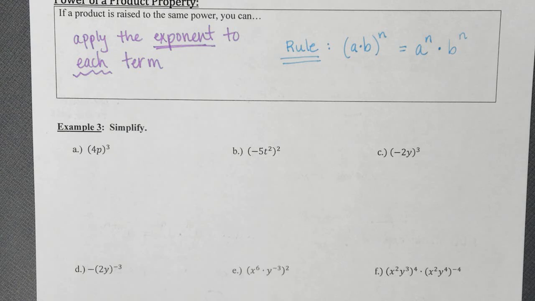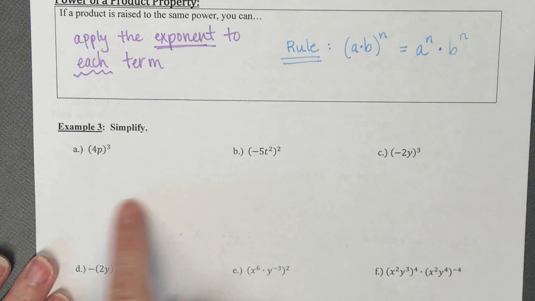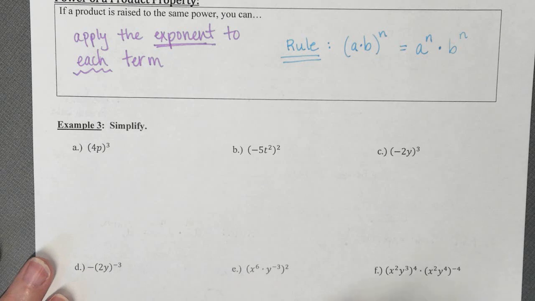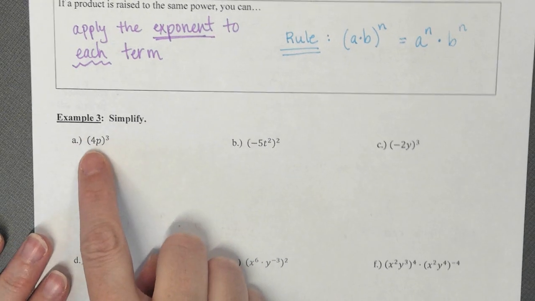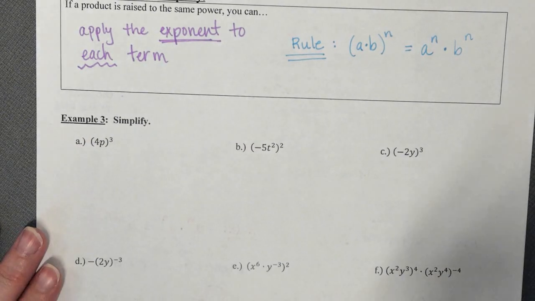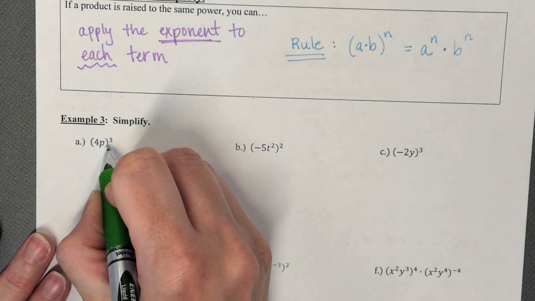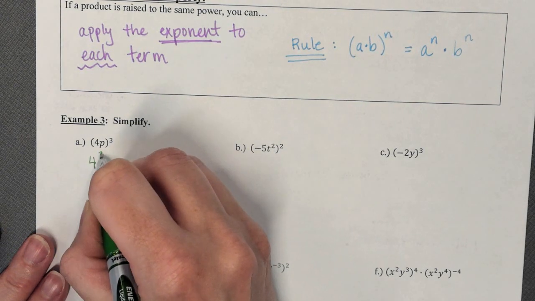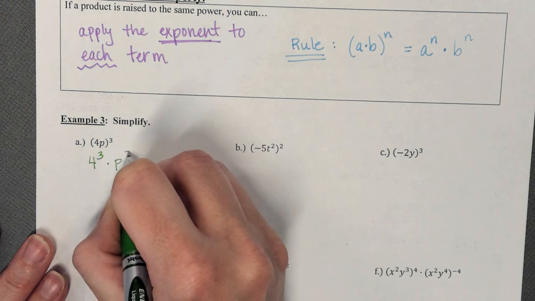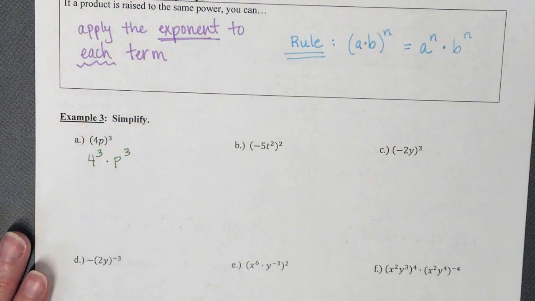Okay, so we're going to do the first row of these together, and then I'm going to let you do some practice. These on the bottom are more complicated, so I'm going to give you some easier practice first before we tackle those. All right, so again, this says simplify. So we're going to distribute that 3 to the 4 and the P. So this is 4 to the third times P to the third.